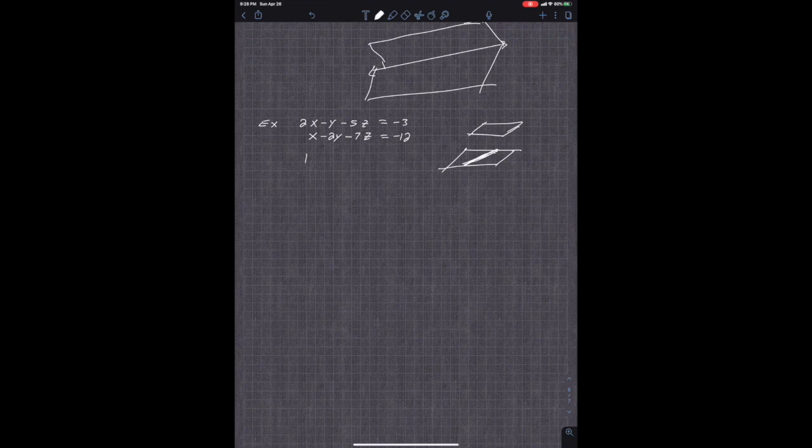But you set it up the same way. So 2, negative 1, negative 5, negative 3, and then 1, negative 2, negative 7, negative 12, and then you put in your 0, 0, 0, 0, like that. And we still want to reduce this and simplify it to get the right form.